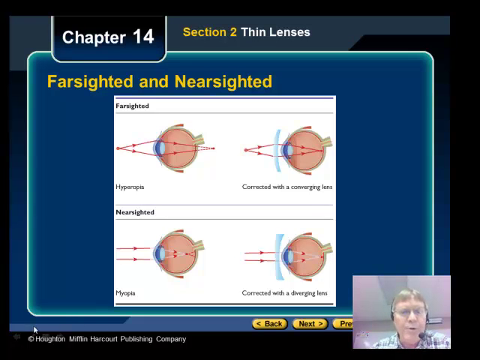Okay, so both of those conditions can be corrected with lenses, or of course you could put the lens right on the cornea here. You can correct it that way, and that's what a contact lens does.